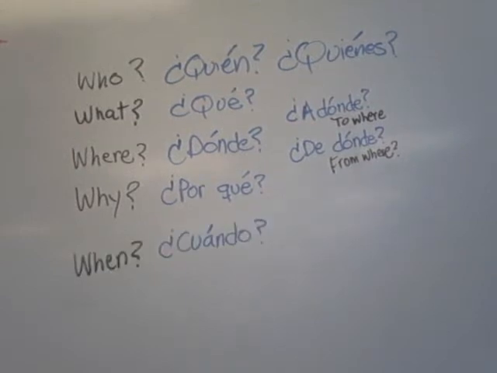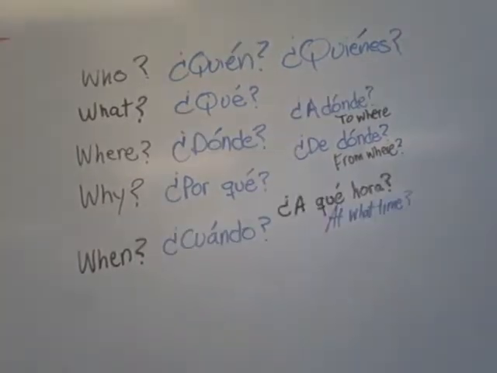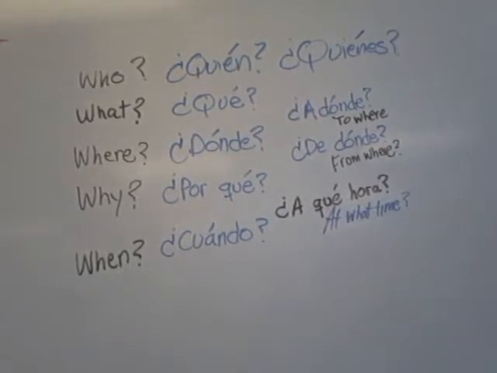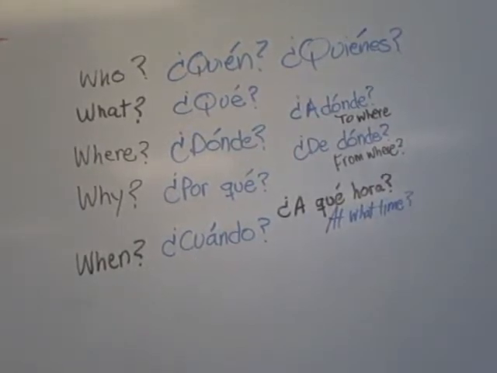Cuándo is our word for when in Spanish. And generally we use that all the time. Notice it has an accent. Cuándo generally refers to a day. When we are asking specifically about the time, I prefer another question. ¿A qué hora? Literally, at what time?